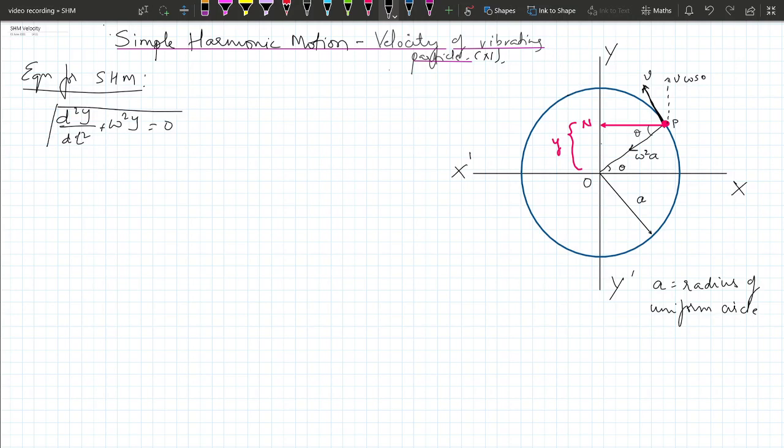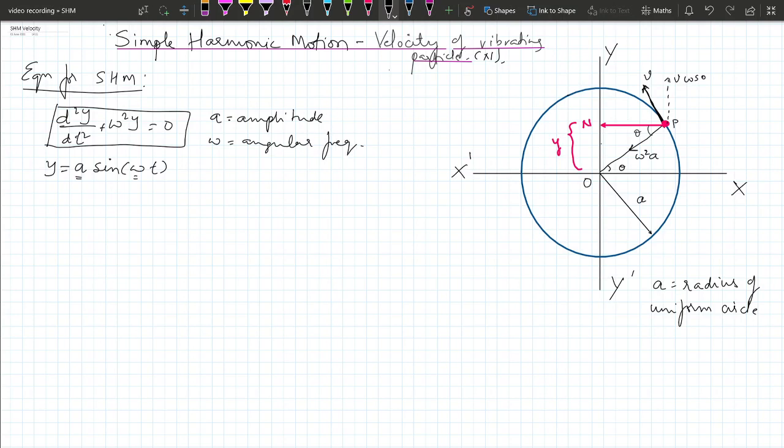This is the equation we have obtained. On solving this equation, we have got the displacement equation y is equal to a sine omega t, where a is the amplitude of vibration and omega is the angular frequency.